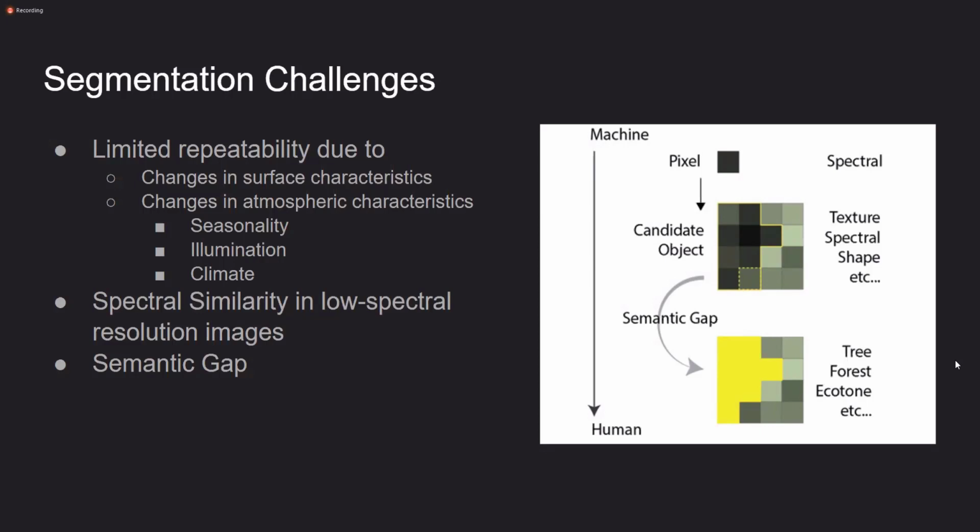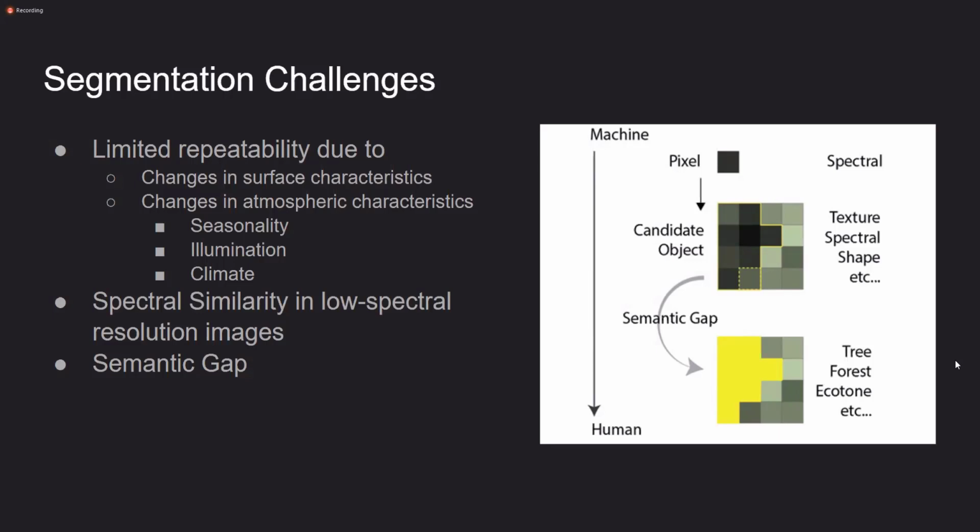And then finally, something called the semantic gap. If you look at this figure here, it kind of walks us through what the semantic gap is. For a machine, when we give it a pixel, it has some spectral value associated with it. We segment that pixel or set of pixels into an object, and we have a number of characteristics. Those characteristics don't mean anything on their own. They're numbers that have some physical value, but they don't have a semantic value.